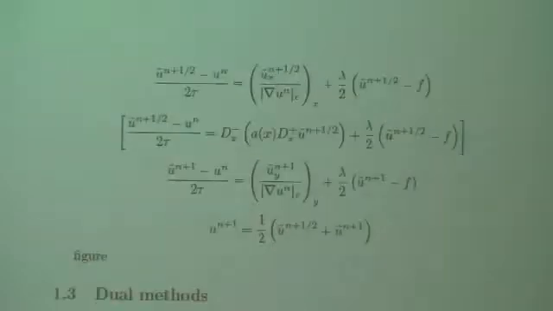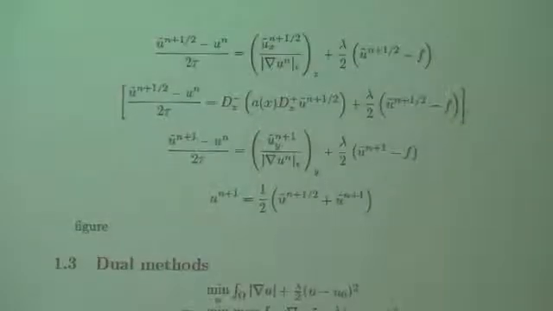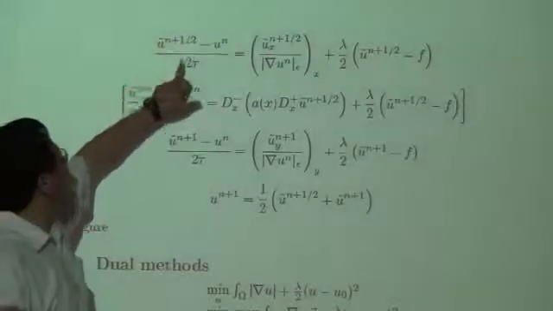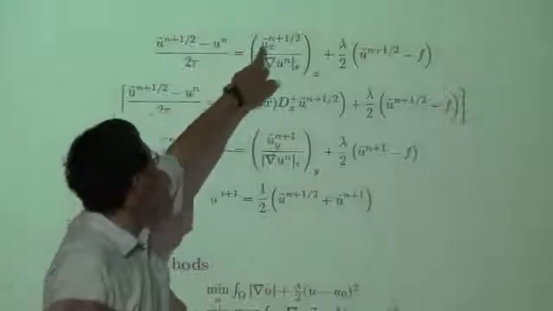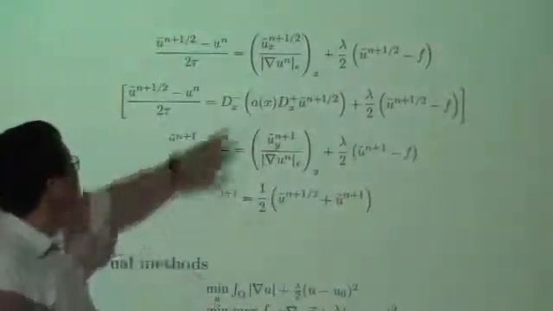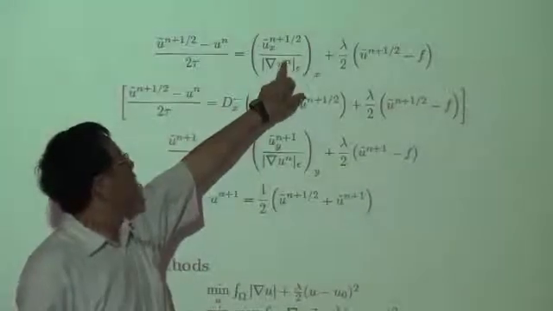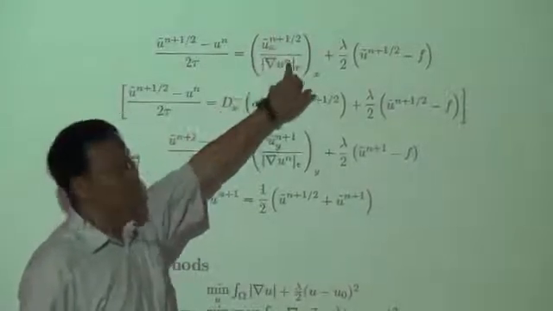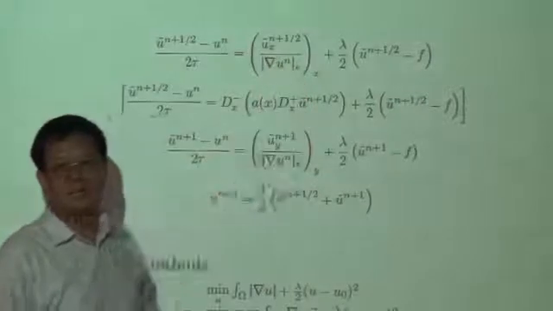Therefore, if you use the AOS scheme, you need to solve two equations. One is like u tilde n half 2 tau minus un equals the u half x term. Here we've done a linearization, so we don't use n half, but we can use the previous one. We do a simple linearization.